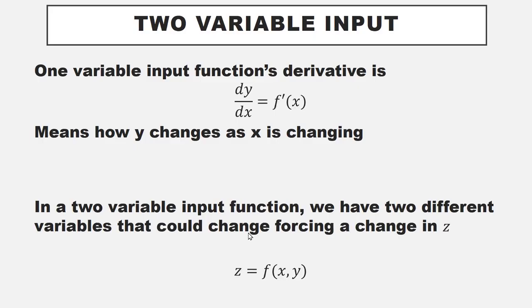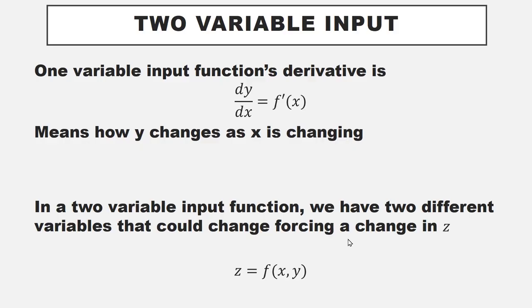And so we're going to get essentially two different derivatives. A derivative with respect to x changing, and a derivative with respect to y changing. And then later on, we'll see that we can actually change these at the same time, but at different rates, and see how that affects changes in z.